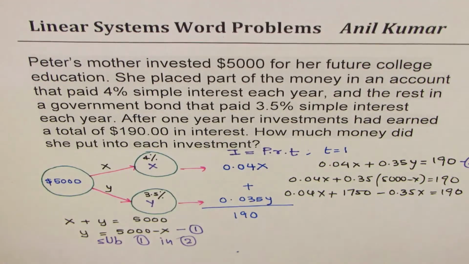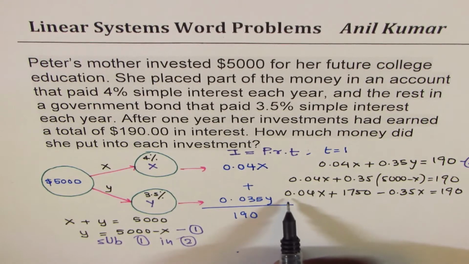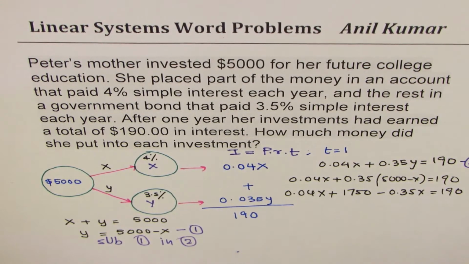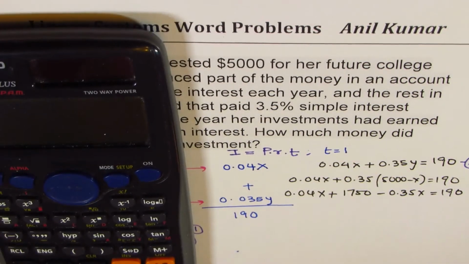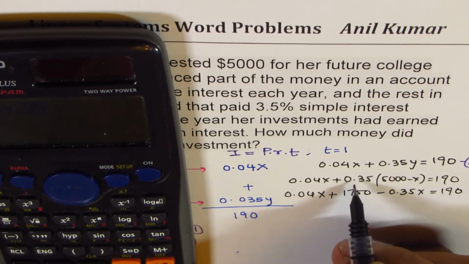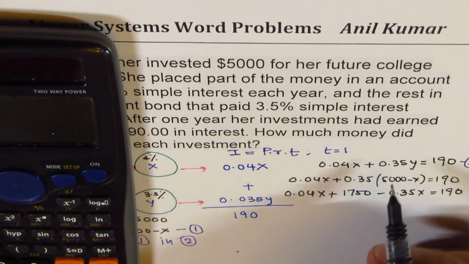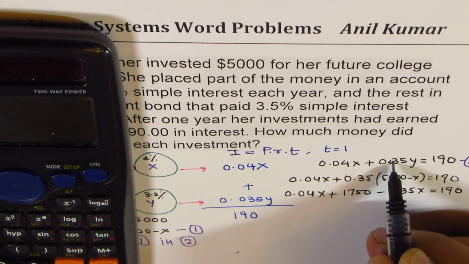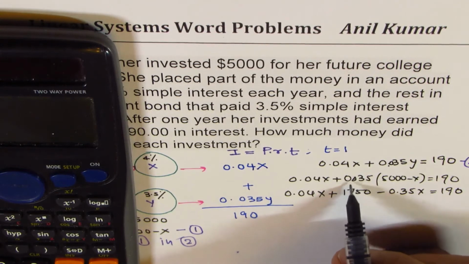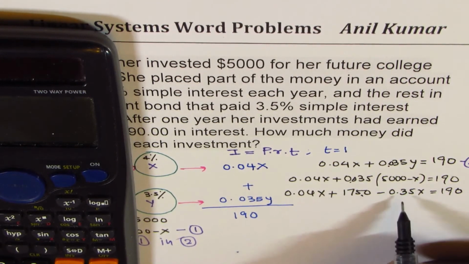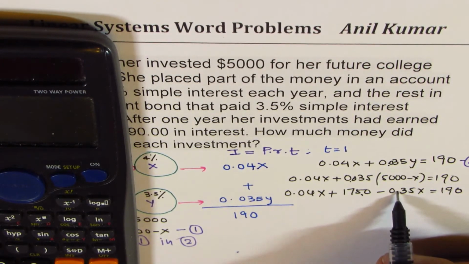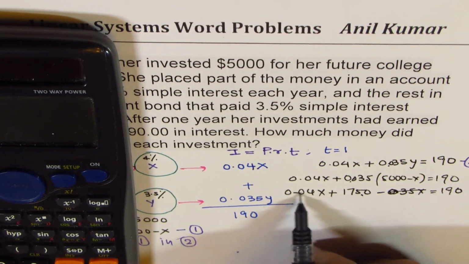So we have x values 0.04 minus 0.35. I did a mistake here. 0.035, I'm sorry. So one decimal. Let me redo.